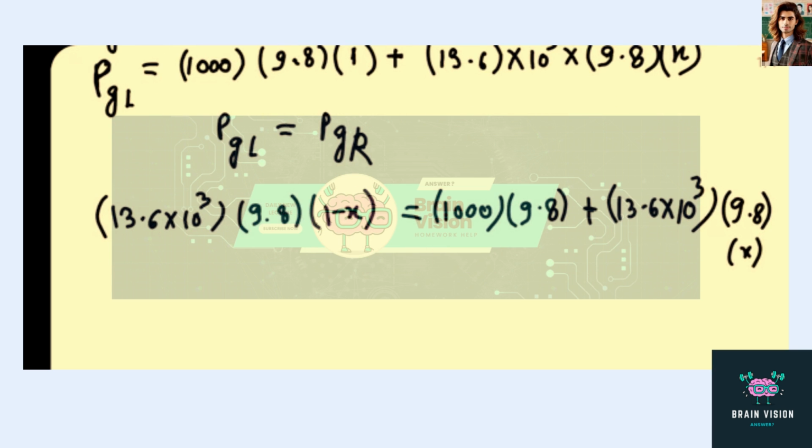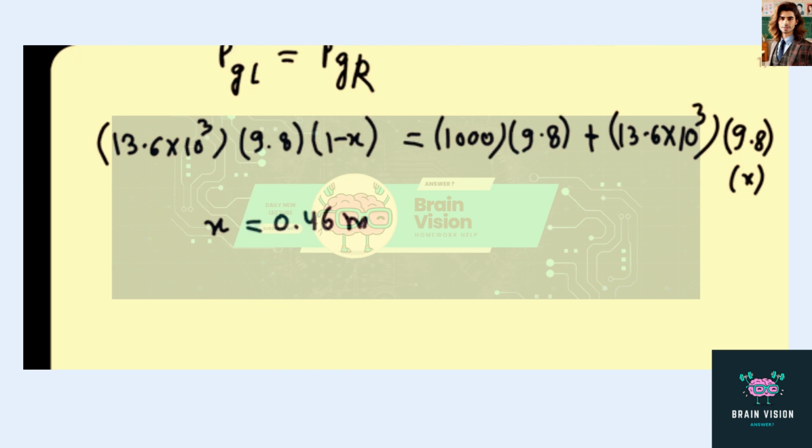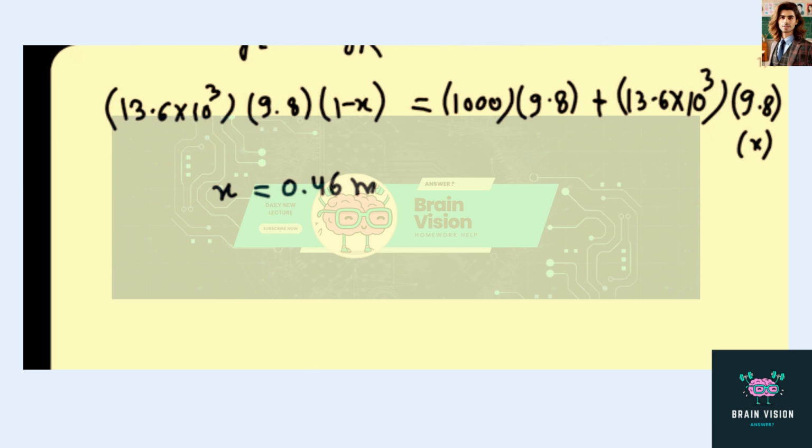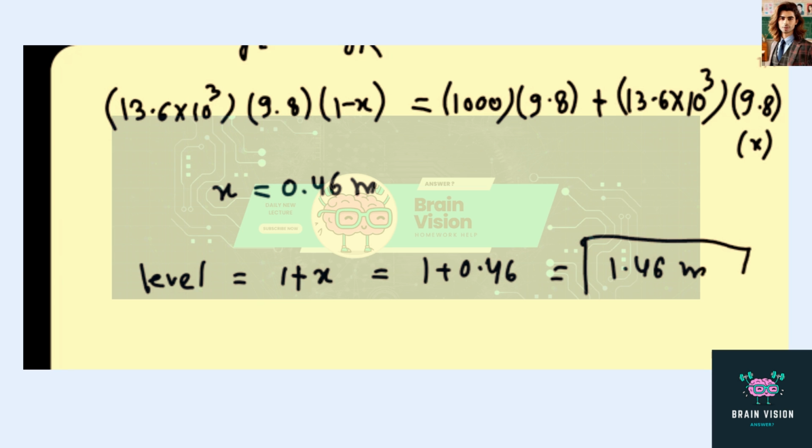From this equation we get the value of x as 0.46 meters. So the level in the left container is 1 plus x, which is 1 plus 0.46, that is 1.46 meters.